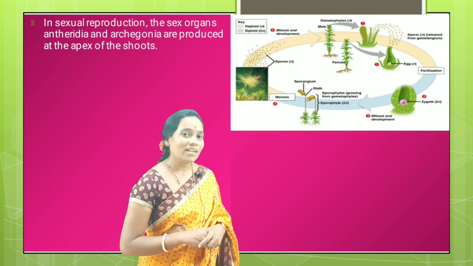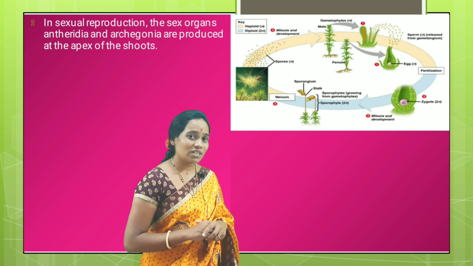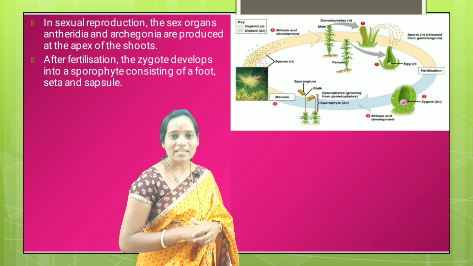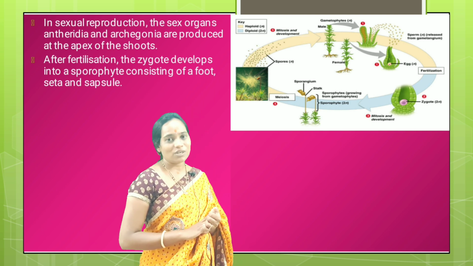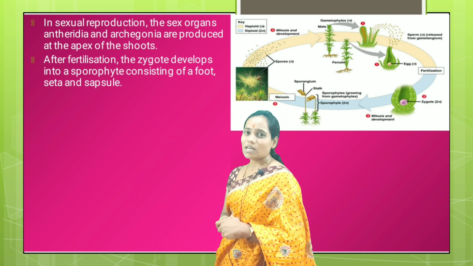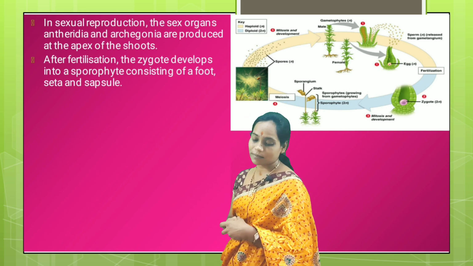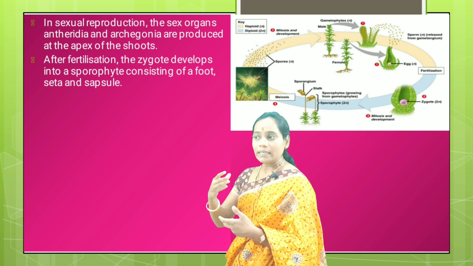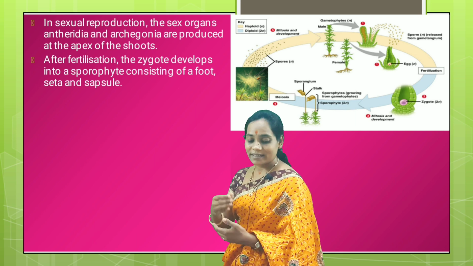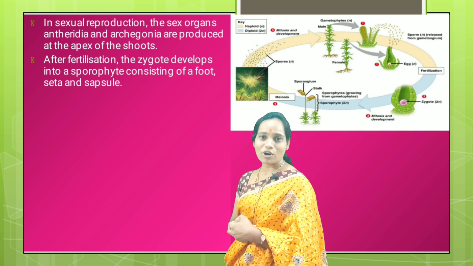The zygote will develop into the sporophytic plant body, as in the previous picture I showed you, where the sporophytic plant body is attached to the gametophytic plant body. Remember, the sex organs are produced at the tip of the shoot, the gametes fuse to form the diploid zygote, and that zygote develops into the sporophytic plant body.